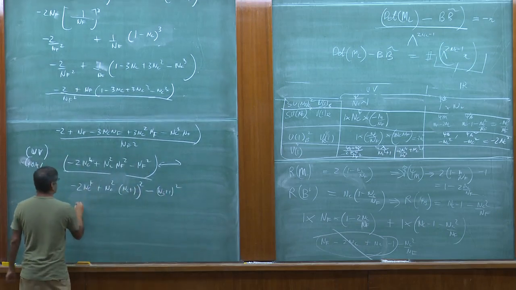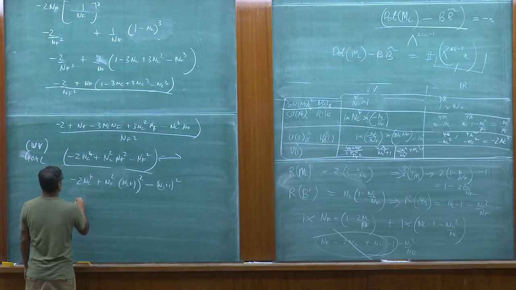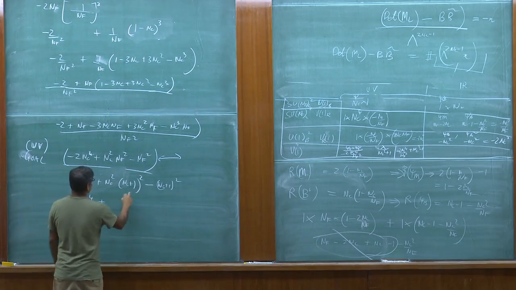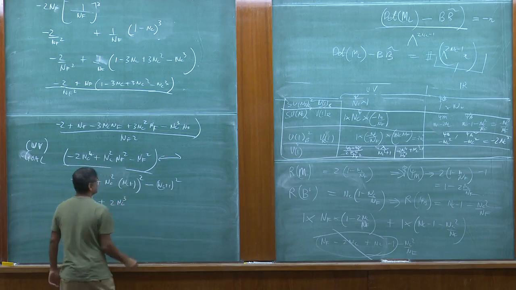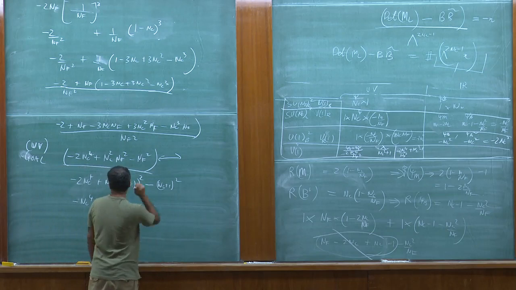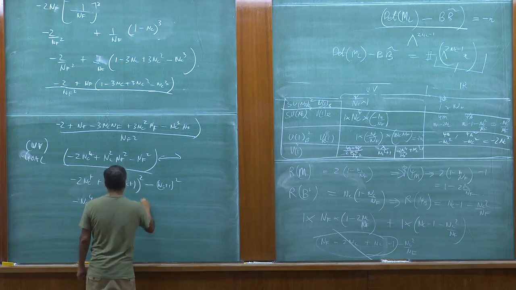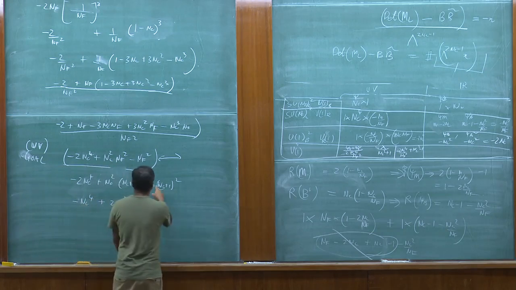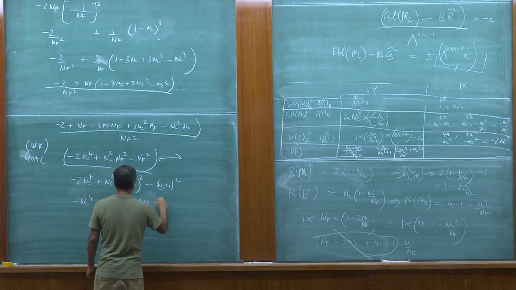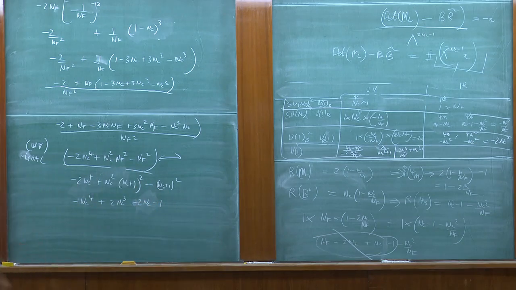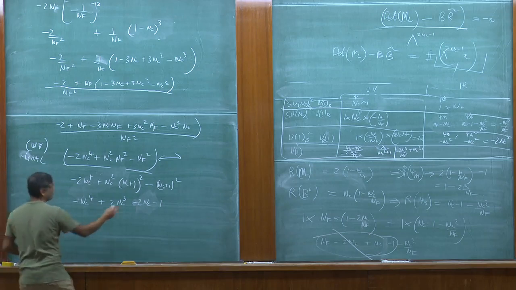Okay, so it's minus NC to the 4 plus 2 NC cube plus NC square, but minus NC square, so the NC square cancels, minus 2 NC minus 1. Do you agree with this? Okay. Now this is UV.